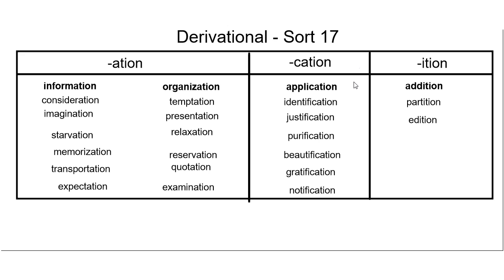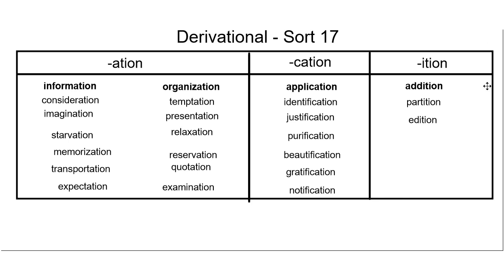When we look at the root words of this column, we notice that they all end in a Y: apply, identify, justify, purify, beautify, gratify, and notify. When we add the cation, we actually stop and change the Y to an I before adding this suffix.